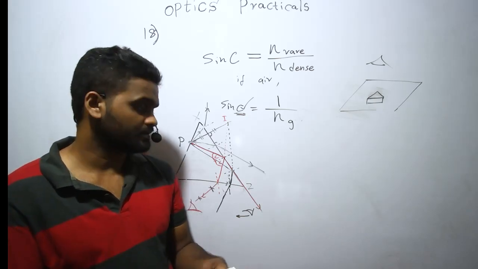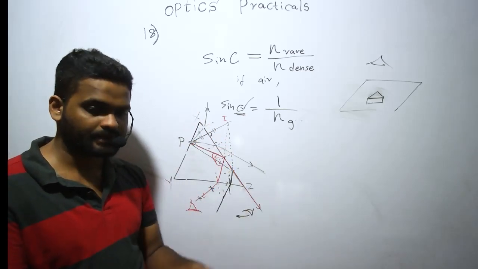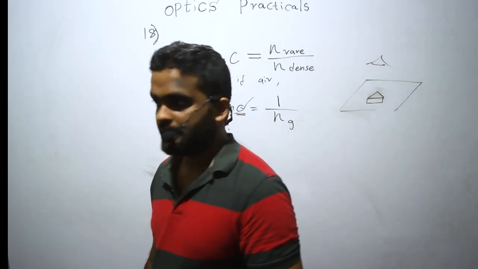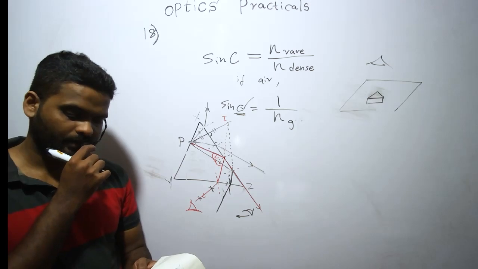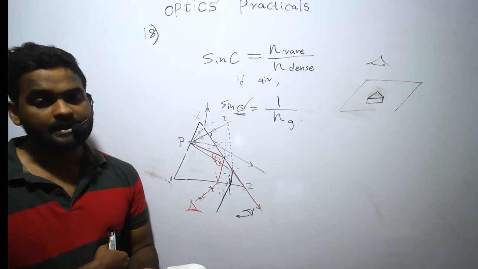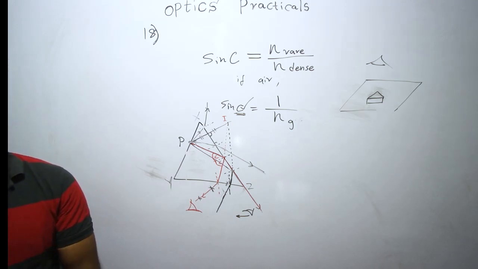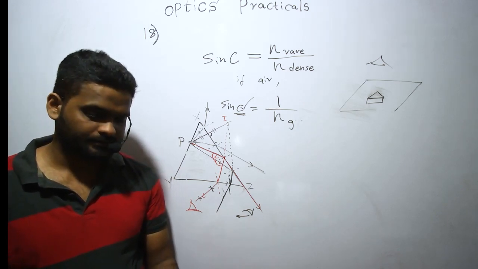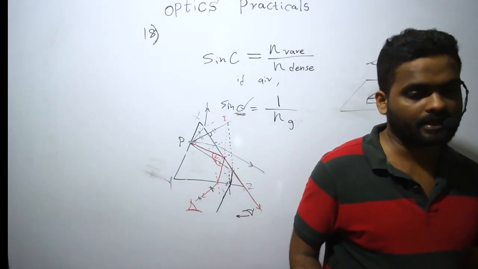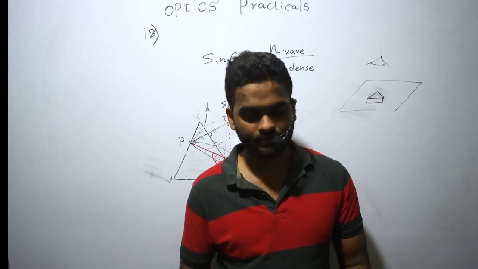Move the eye from Z looking at the XZ side until the image of the pin, capital P, disappears. And place P1 and P2 in line with that.